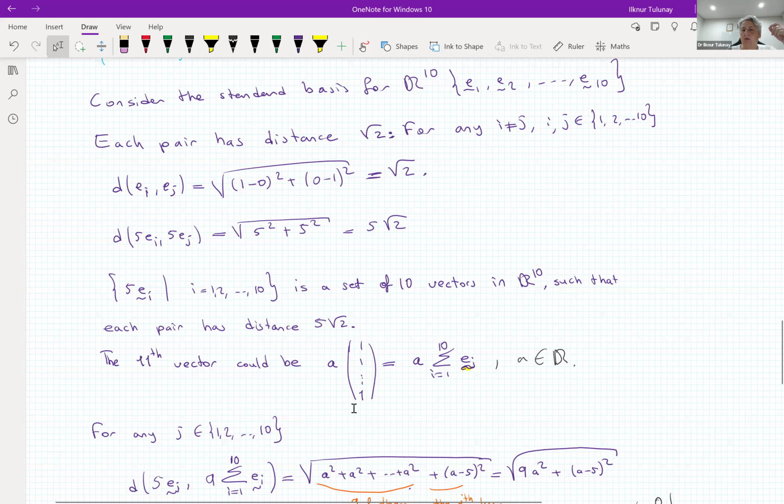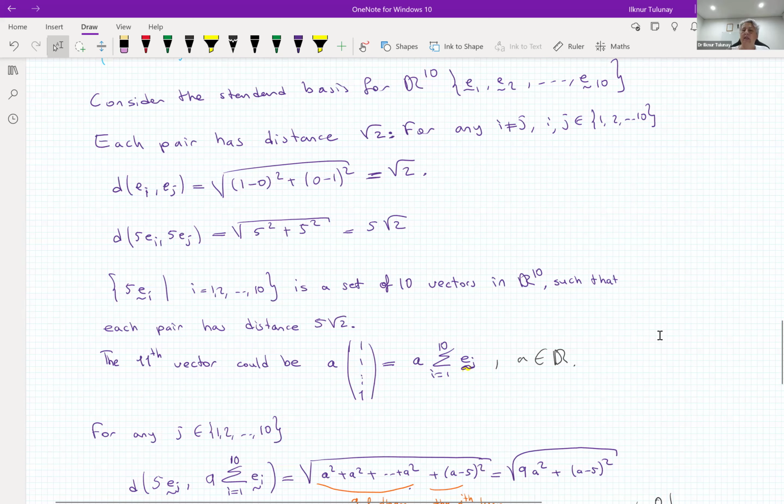The 1, 1, 1 vector is basically the sum of all the standard basis elements. Since each position is 1 for one of those basis vectors, when you add them you will have the vector 1, 1, 1, 1. You multiply by any element in R, and that gives you flexibility for solving this question.